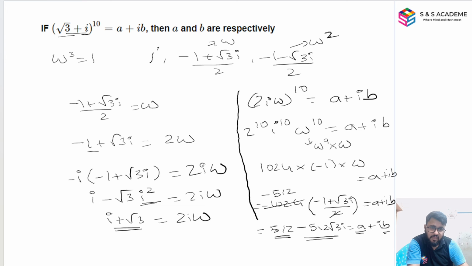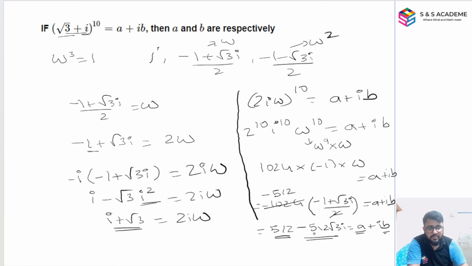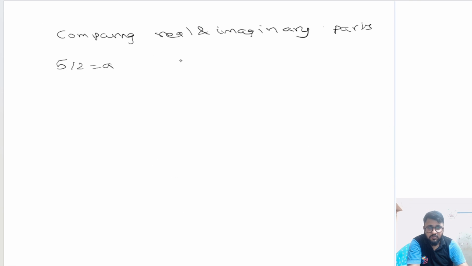So you have a is equal to 512 because 512 is the real part there, and a is a real part on the right hand side, and the imaginary part on the left hand side is just the coefficient of i, which is minus 512 root 3. So b, the imaginary part on the right hand side, is equal to the imaginary part on the left hand side.